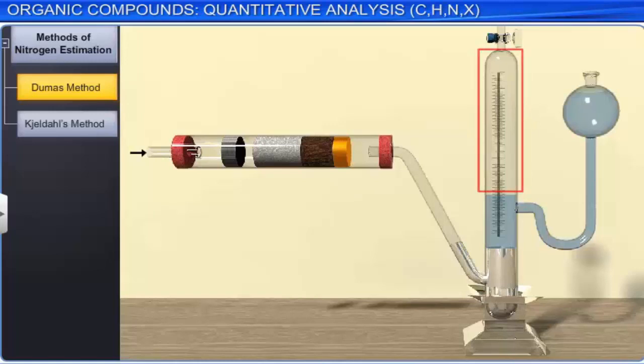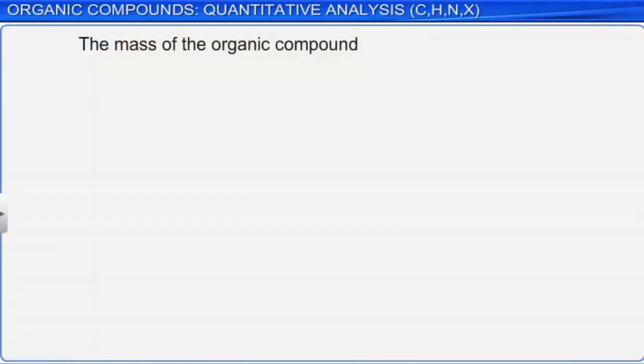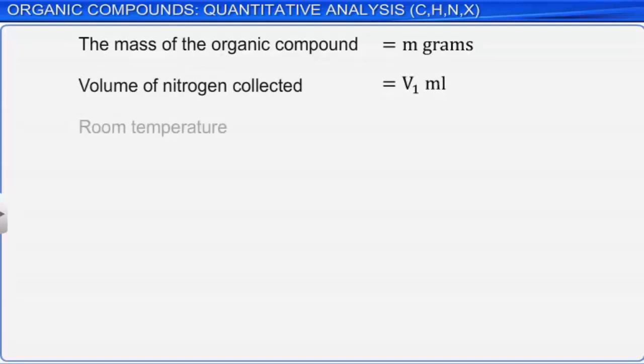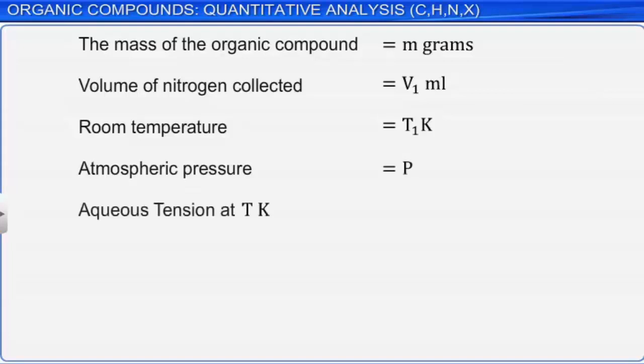If the mass of the organic compound is m grams, the volume of the nitrogen collected is V1 ml at room temperature of T1 Kelvin. The atmospheric pressure is P and the aqueous tension at T1 Kelvin is P dash. Then the pressure of nitrogen gas at T1 Kelvin is atmospheric pressure P minus aqueous tension P dash.